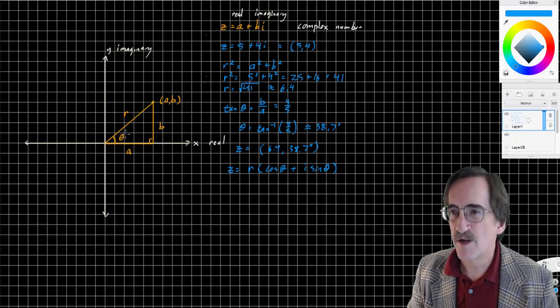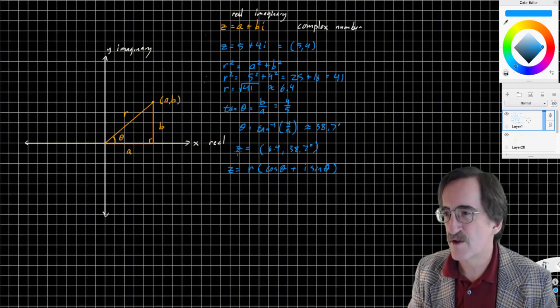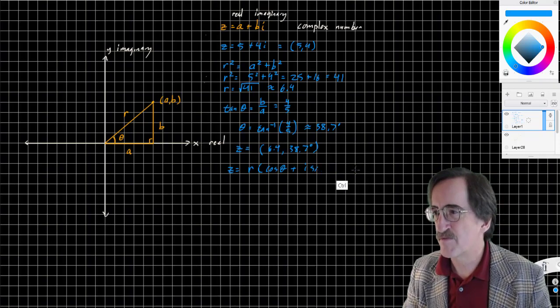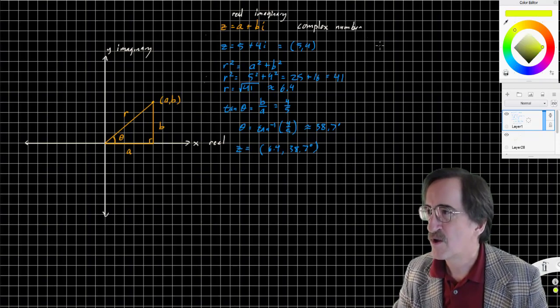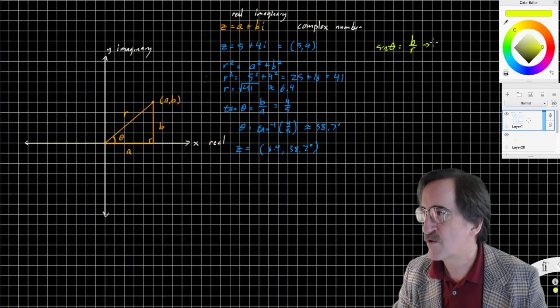Let me throw up some formulas here. If I know r and I know theta, then sine theta equals b over r, so b is r sine theta.